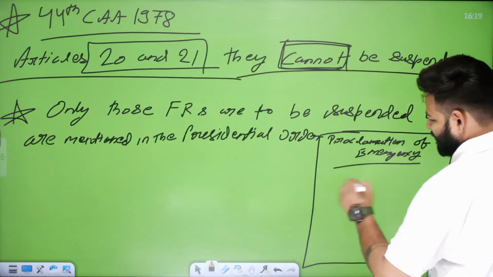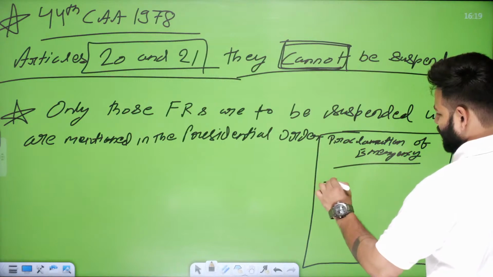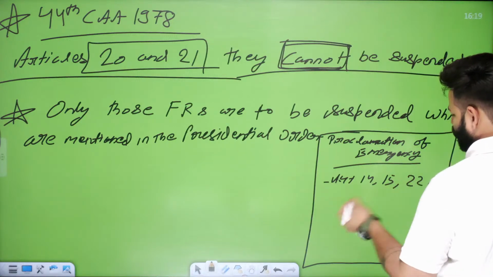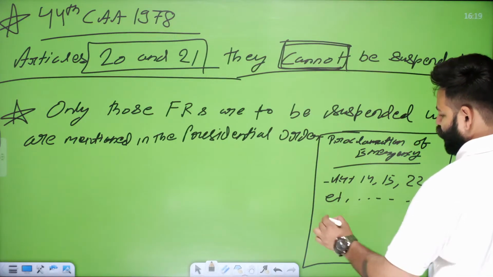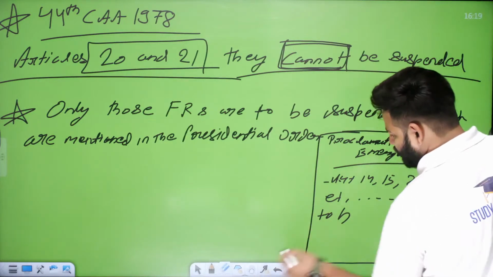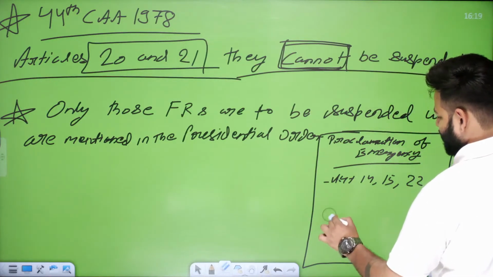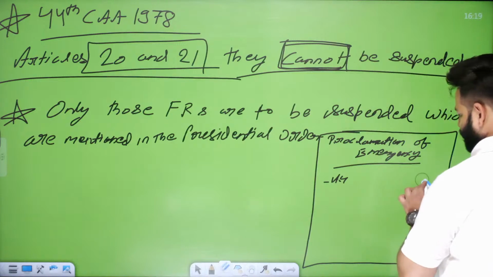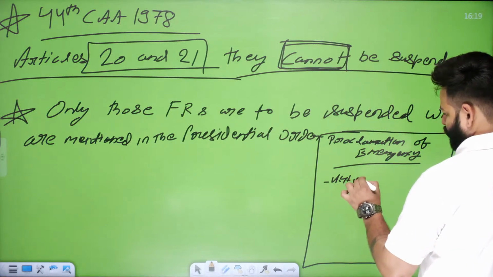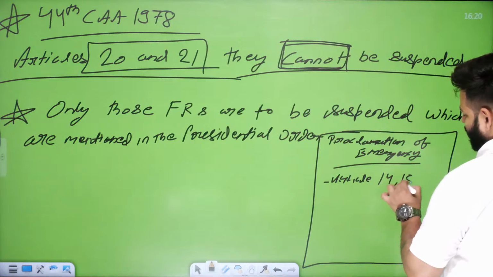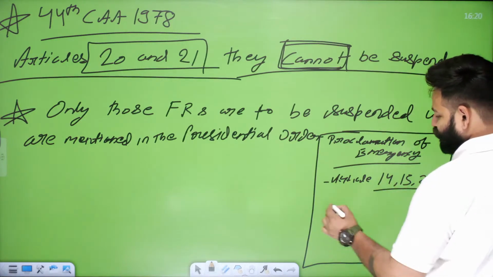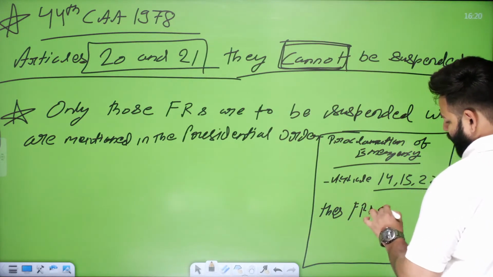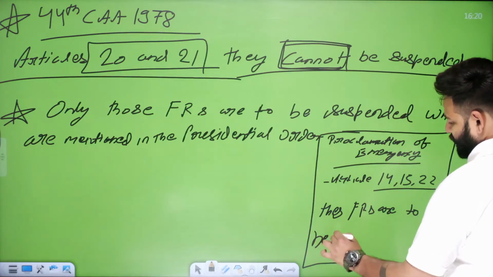In this, the President has mentioned, for instance, Articles 14, 15, and 22. The President has mentioned 3 articles. So these fundamental rights are to be suspended.